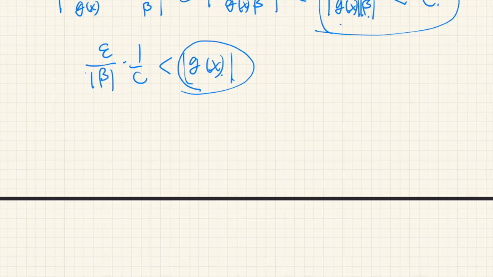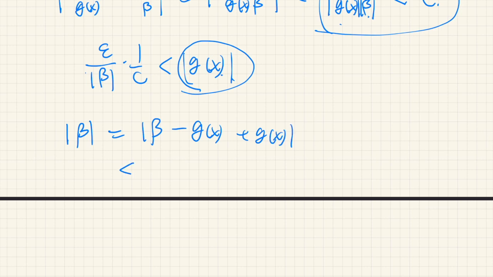To do that, we use the triangle inequality. Let's say the absolute value of beta is equal to the absolute value of beta minus g of x plus g of x.